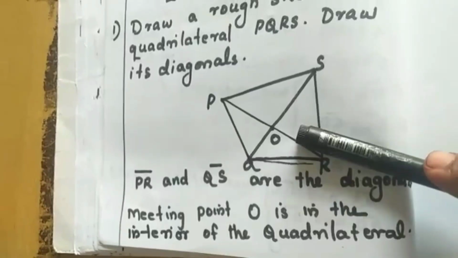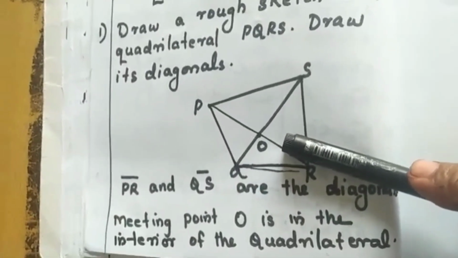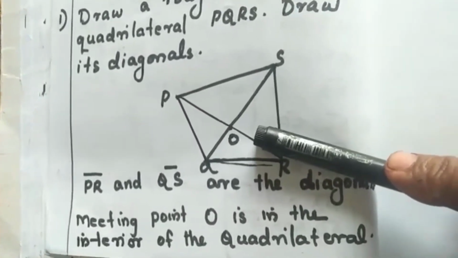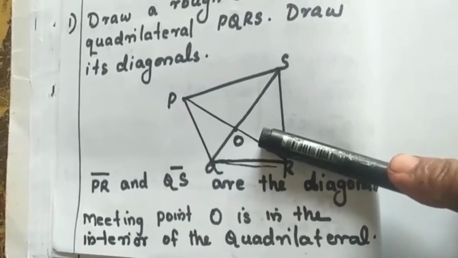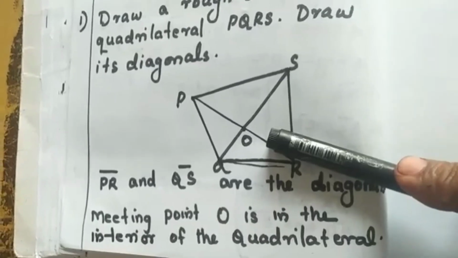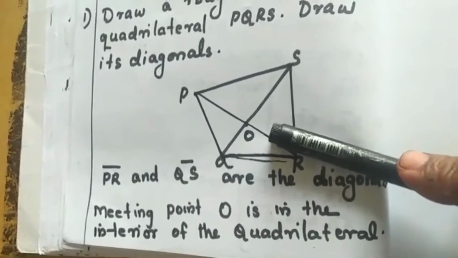So now we learned which points? Adjacent sides, opposite sides, adjacent angles, opposite angles and diagonals. Moreover, the meeting point of the diagonals of a quadrilateral. So, what is the three-sided polygon? Triangle.